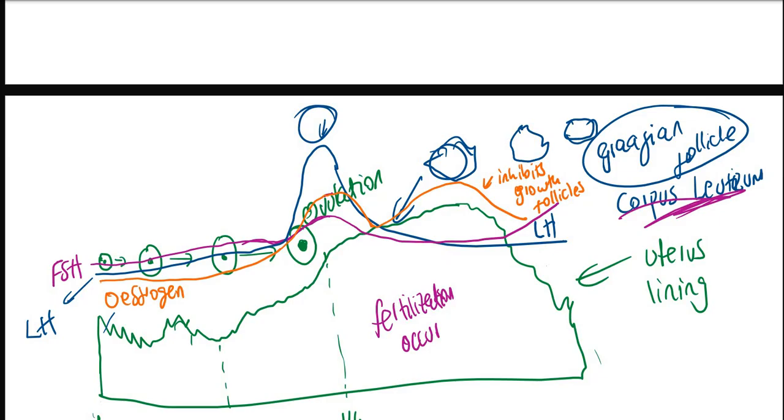So estrogen inhibits the growth of follicles and also prepares the uterus for fertilization. All right, so that's what we have. So estrogen is there to inhibit the growth of the follicles, and also it is there to ensure that the uterus is ready, meaning to also increase the lining of the uterus.